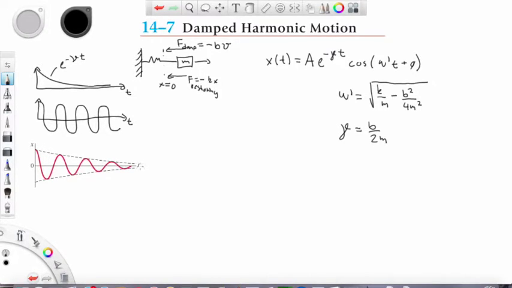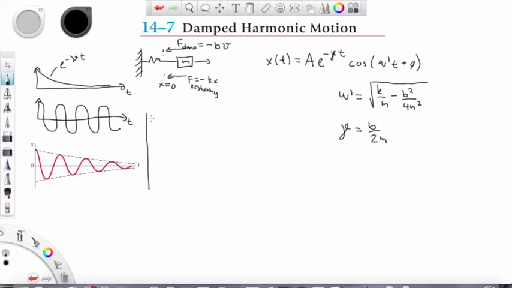The rate of decay is characterized by the constant gamma, and it can be determined from the physical parameters of the system if we know them. But if you don't, we can also deduce it from the measurement of the motion.